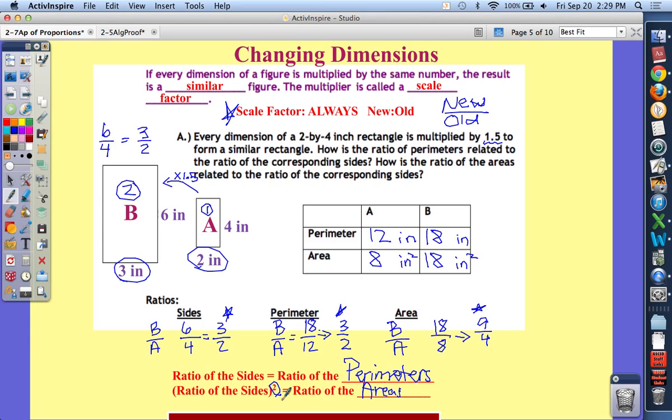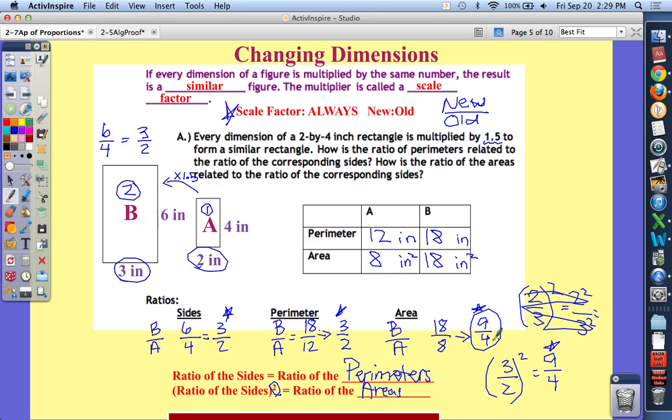If I take 2/3 and I square it, I would have 2 squared and 3 squared. I'm sorry, not 2/3, 3 halves. Sorry, the ratio of the sides was 3 halves. If I take 3 halves and I square it, don't I get 9/4? And isn't that what I saw right here in this ratio? Yes. So that is the relationship that's always going to exist.